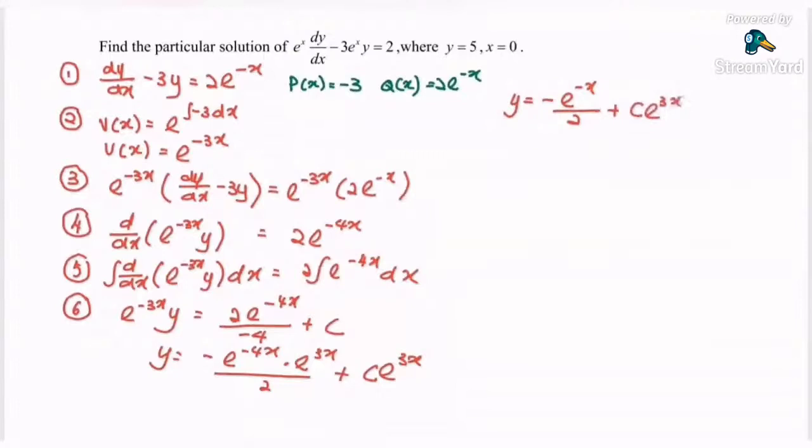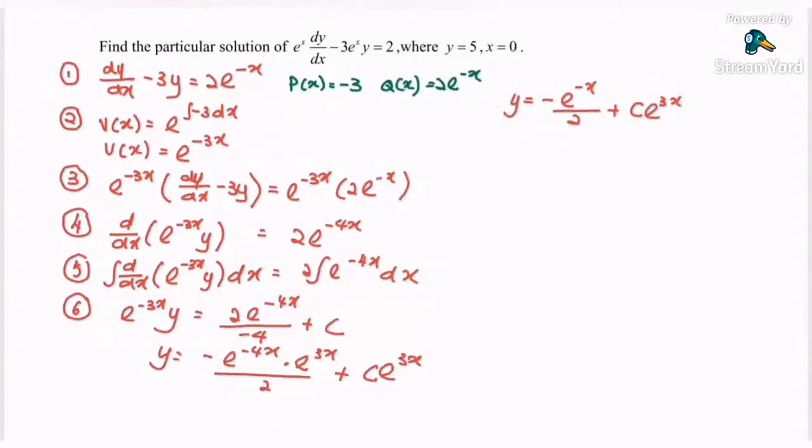So given the situation, y is equals to 5 and x is equals to 0. Kindly substitute the situation. So where we will have 5 is equals to negative 1 over 2 plus c. Where we will have c is equals to 11 over 2.